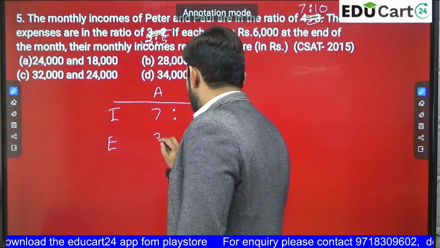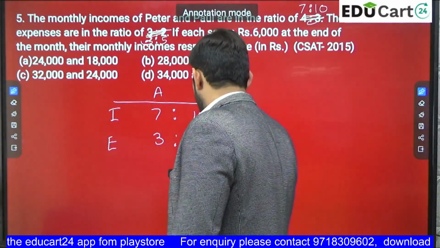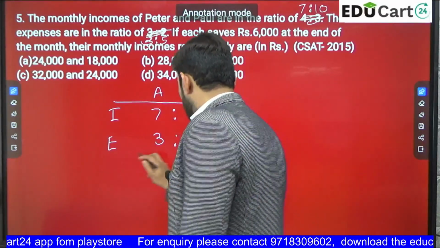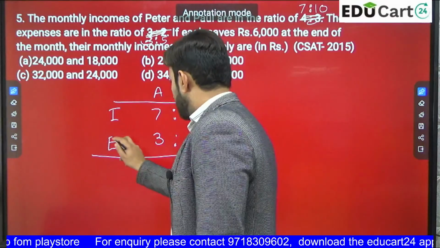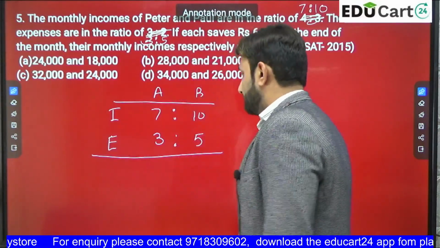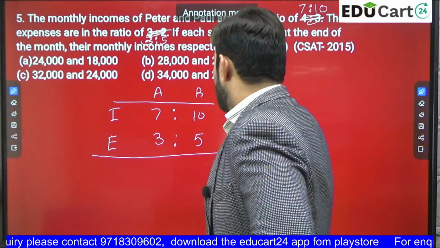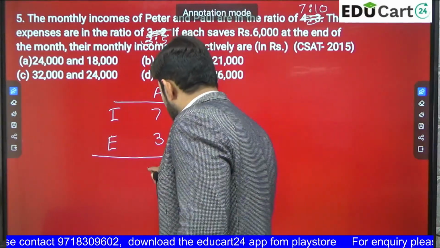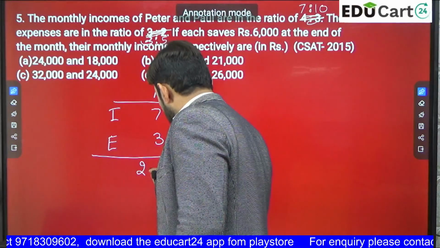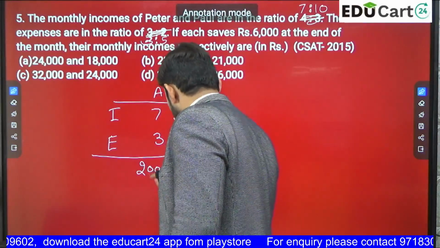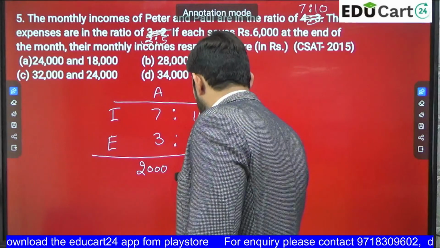Expenditure ratio 3:5. Now each of them saves rupees 2,000.